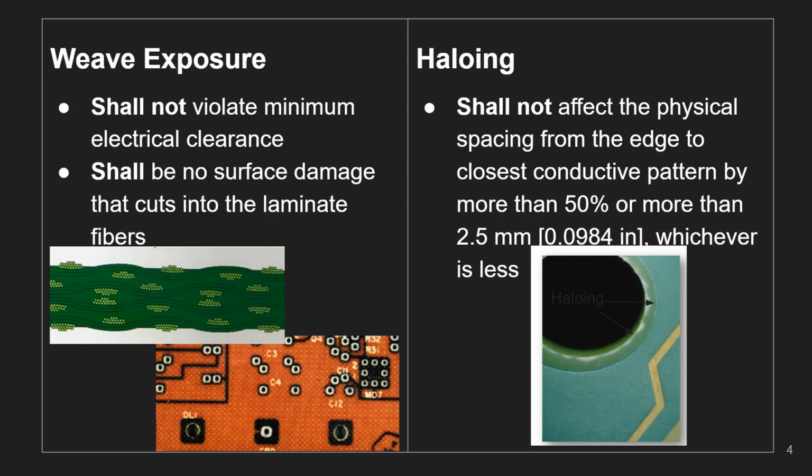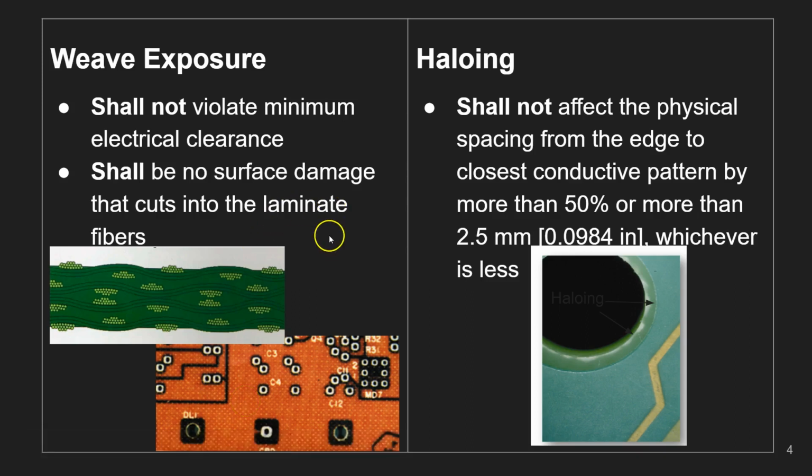Weave exposure is acceptable for class 1 and class 2, provided the conductor spacing is not below the minimum requirement. But here, for example, you can see the weave exposure here. And this is the PCB, and this portion shows the weave exposure, and on a real PCB it will look something like this.